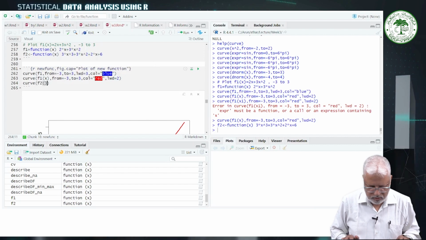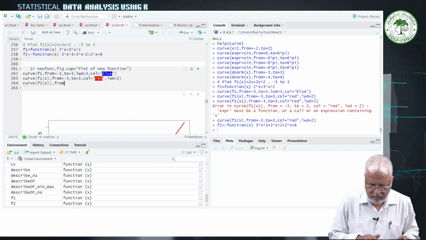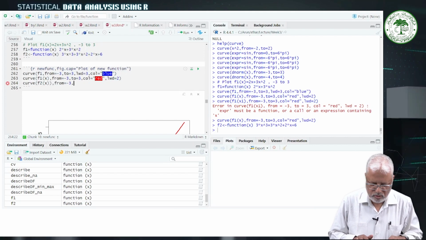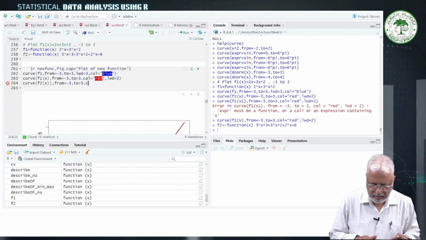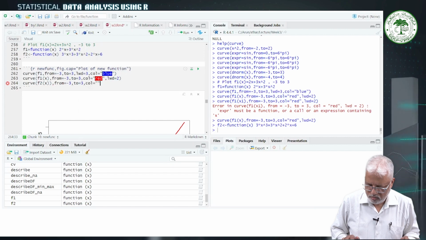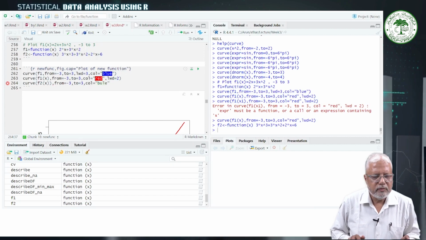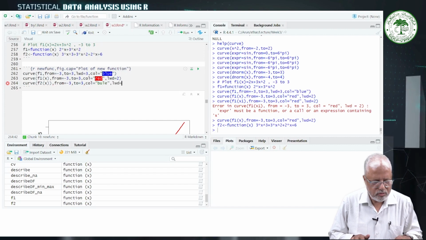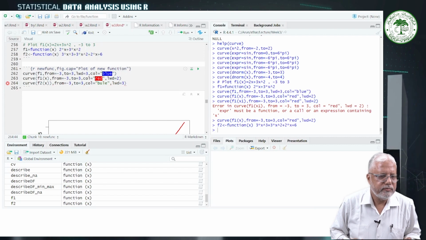Either you can write f2 just or f2(x), and then from is equal to minus 3 and to is equal to 3 and col is equal to say blue and then lwd is equal to 3, and close this.